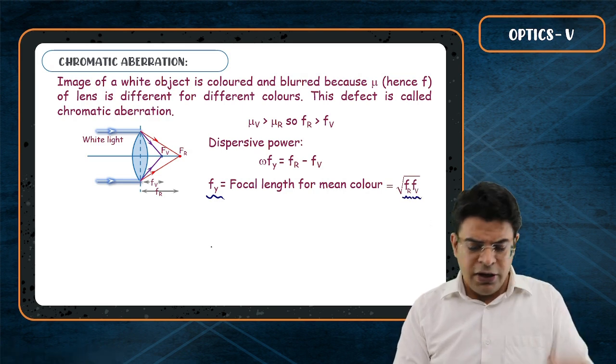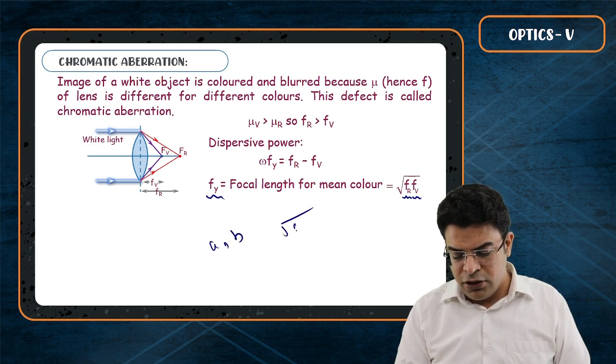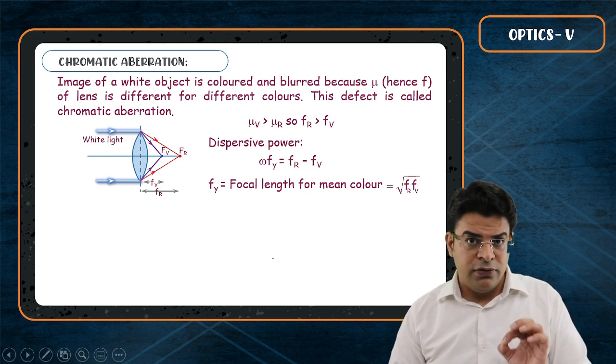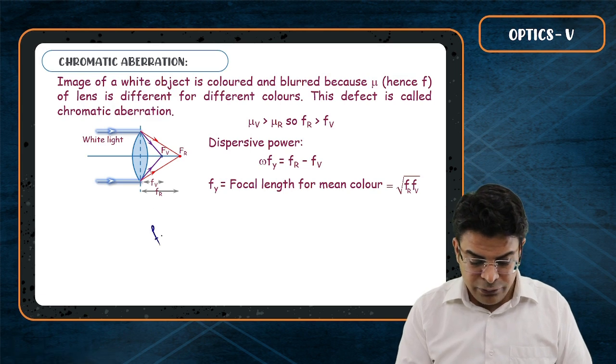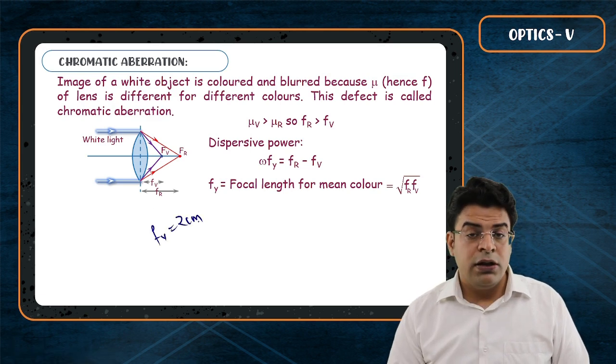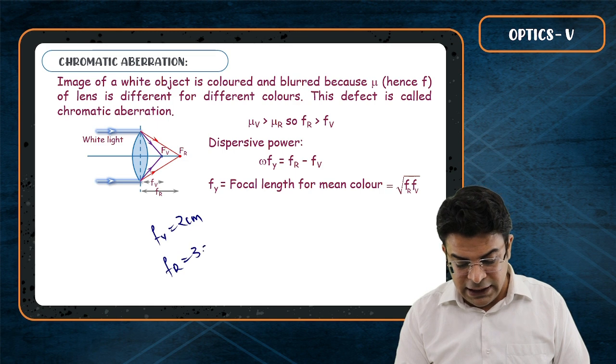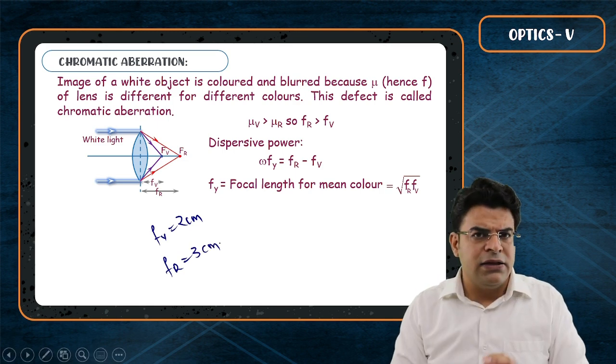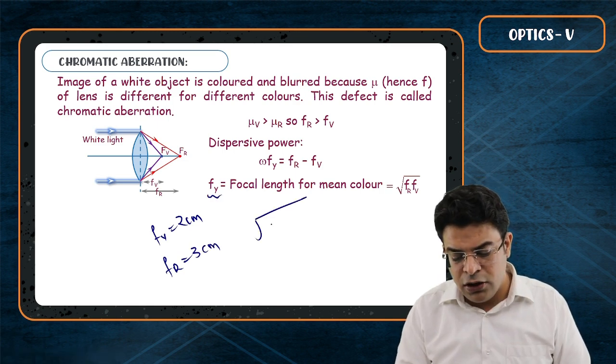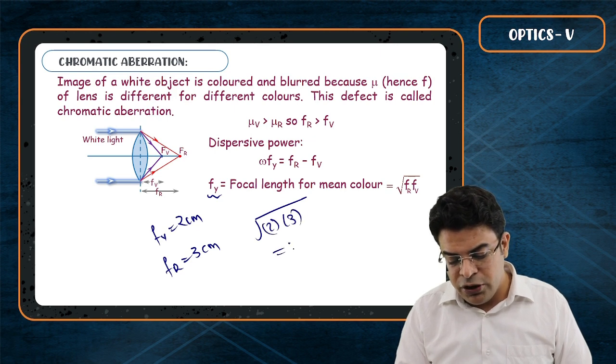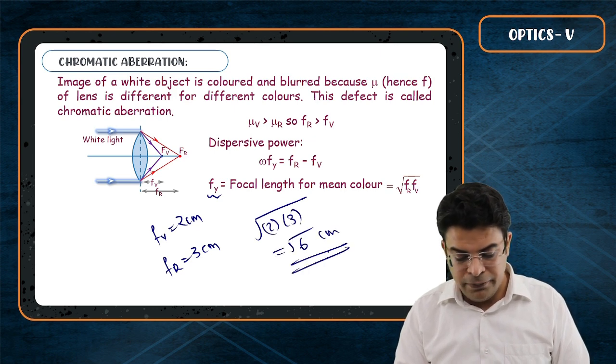The geometric mean of two numbers A and B is nothing but root AB. So if the focal length for, let's say, violet is 2 centimeter, the focal length for red is 3 centimeter, then the mean focal length, that is the focal length for yellow color, will be under root of 2 into 3, that will be root 6 centimeter.